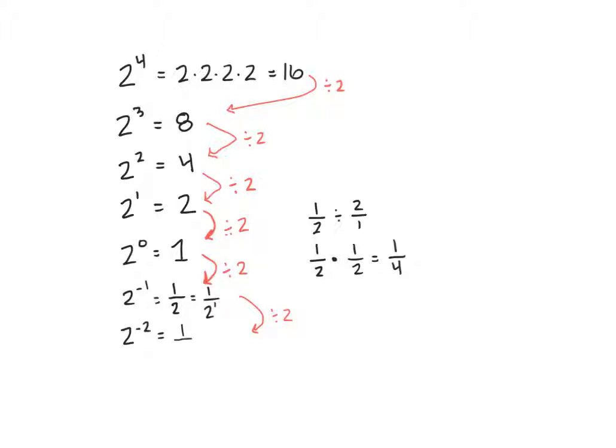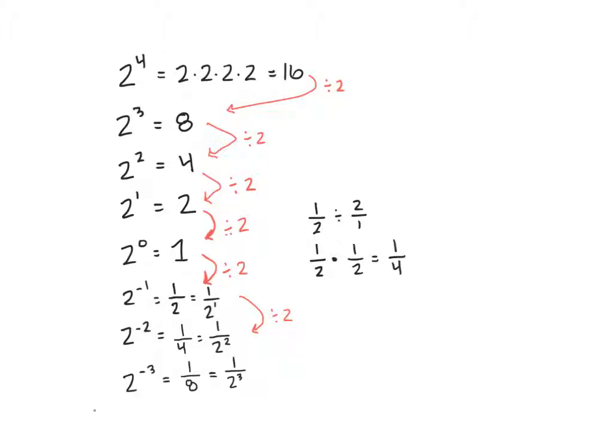So this would be 1/4, or the other way you could think about that is 1 over 2 to the 2nd power. Let's take the next one, 2 to the negative 3rd power. As we continue this pattern, that would end up being 1 over 8, or 1 over 2 to the 3rd power.